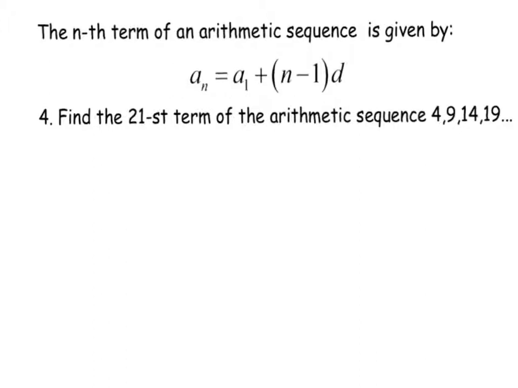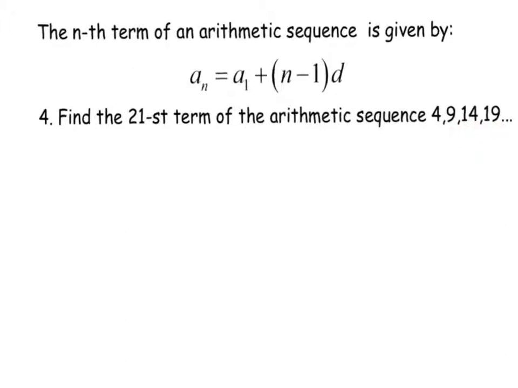We can use the formula an equals a1 plus n minus 1 times d to find the nth term of an arithmetic sequence. So now let's see how that would look on the next example, where we have to find the 21st term of an arithmetic sequence that has terms of 4, 9, 14, and 19.